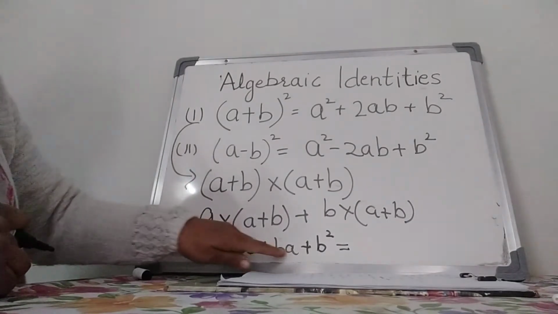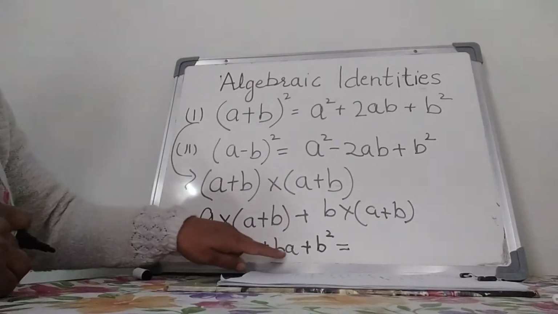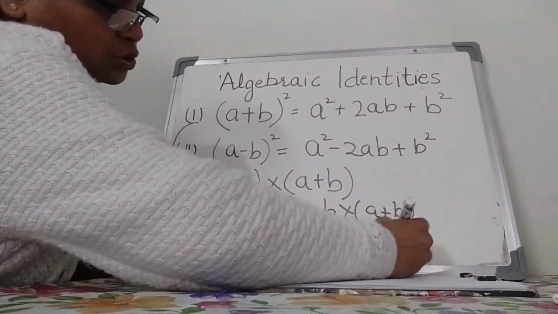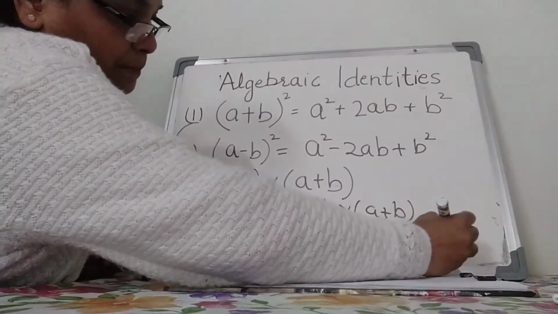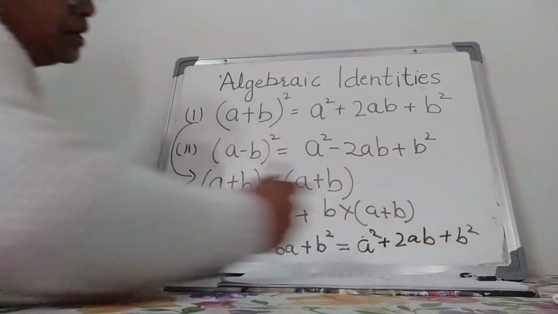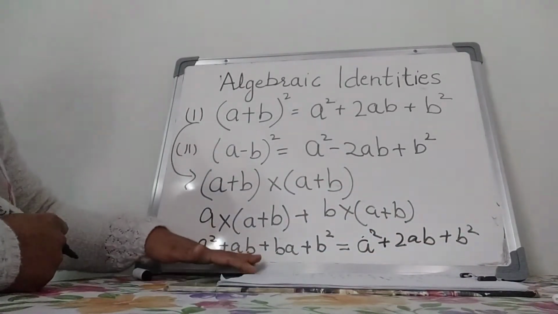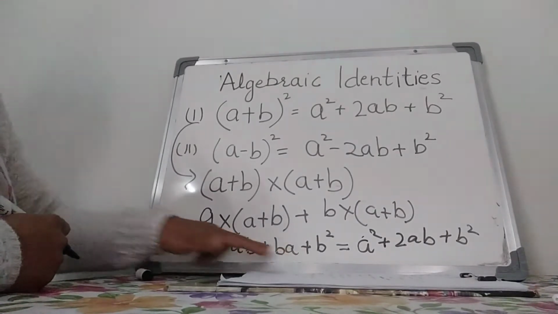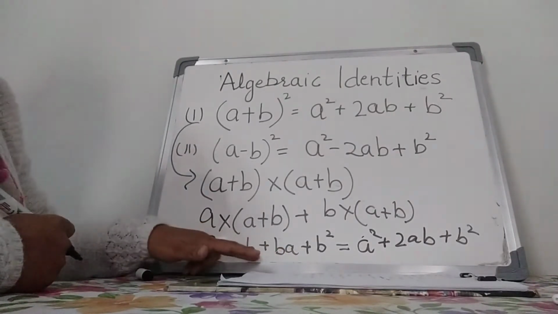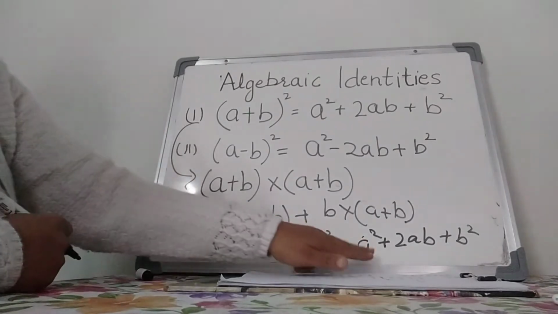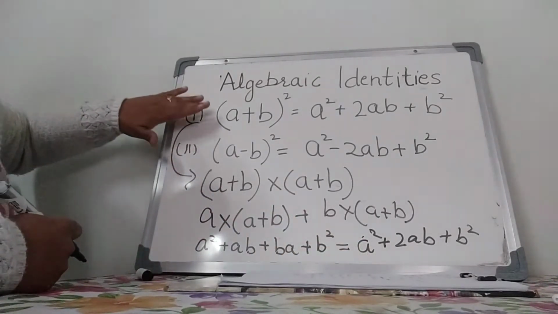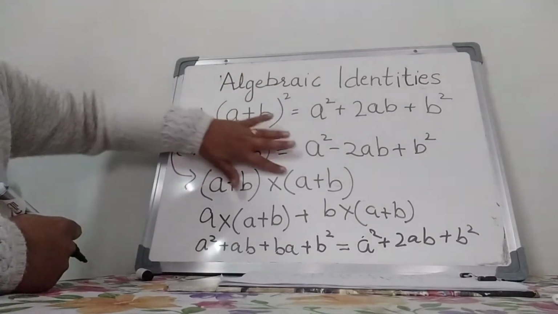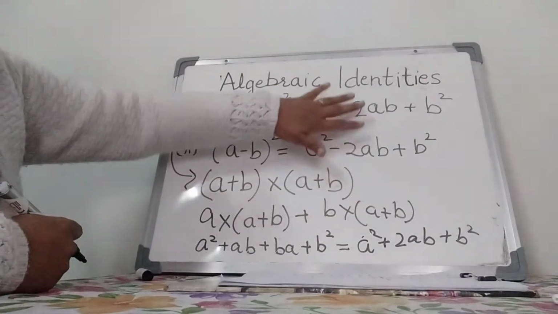ab and ba are the same, so it is a² + 2ab + b². We have learned in like terms that when factors are the same, the terms are like, and we can add them. So when we took the left hand side, (a + b) whole square, that is (a + b) into (a + b), we got the right hand side.